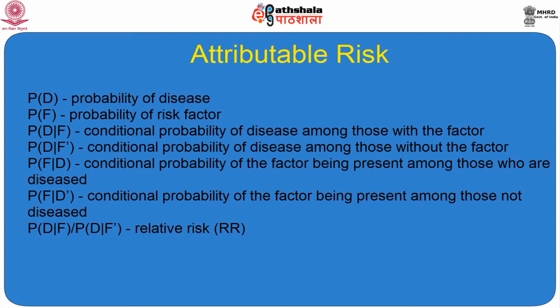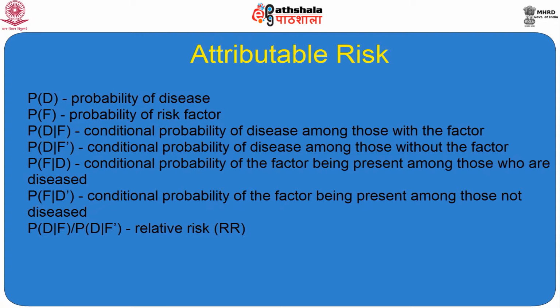So if we divide probability of D given F by probability of D given F complement, then we will get the relative risk, that is probability of disease among those with the risk factor by probability of disease among those without the risk factor.